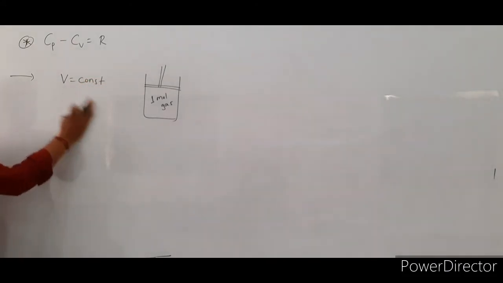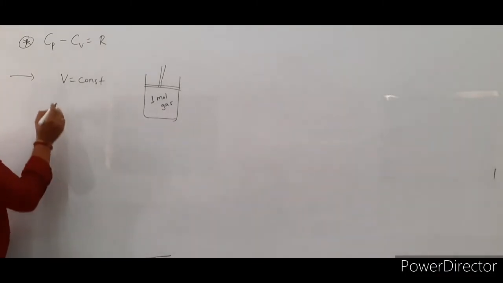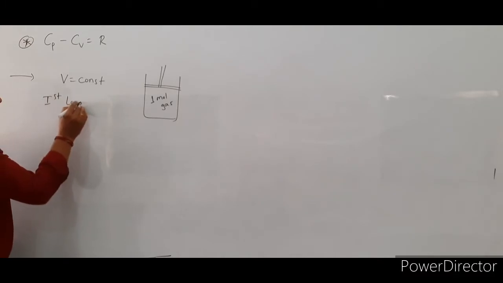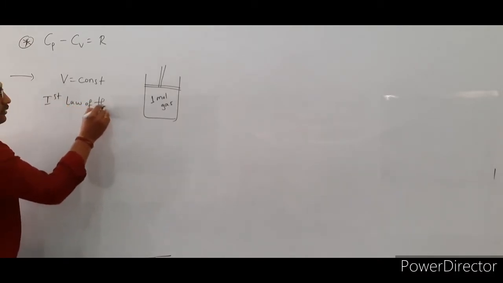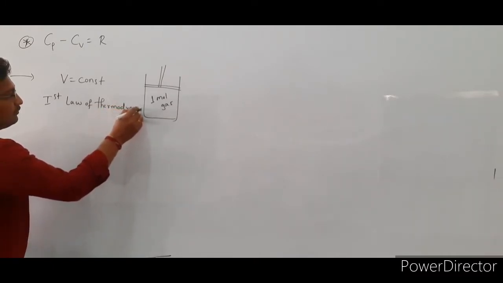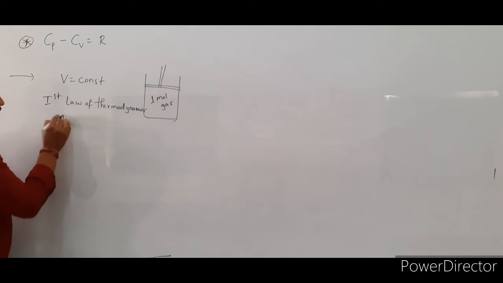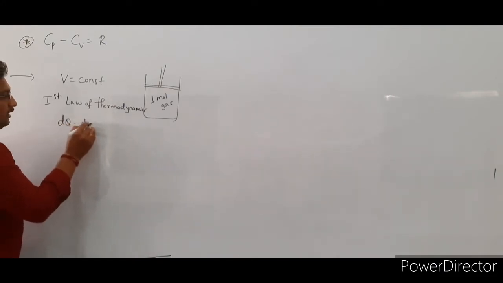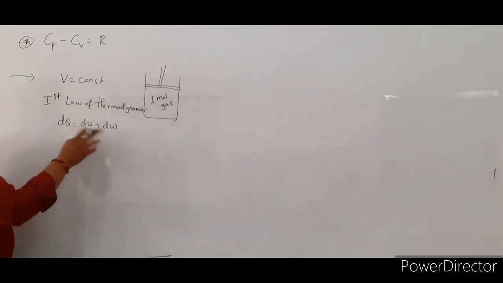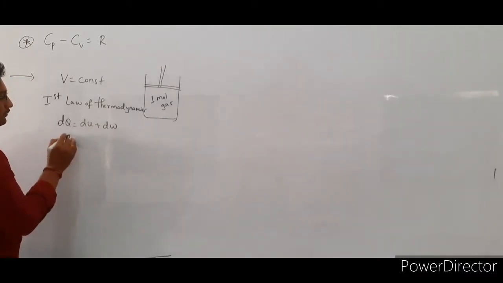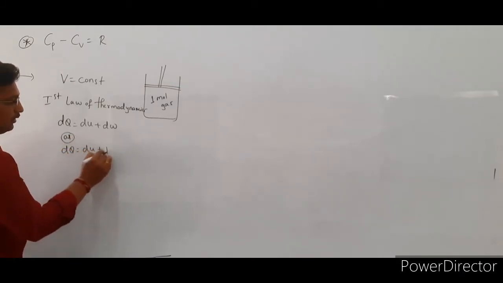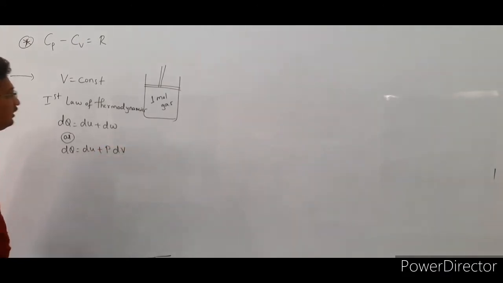Right. If the volume of the system is constant, then according to the first law of thermodynamics, dq is equal to du plus dw, or dq is equal to du plus p into dv, right? Okay.